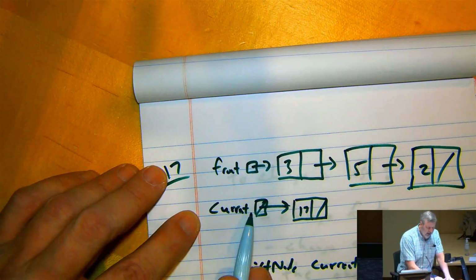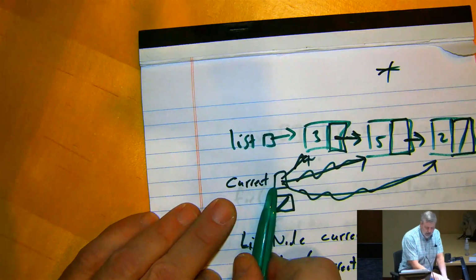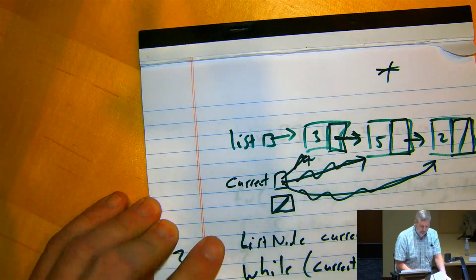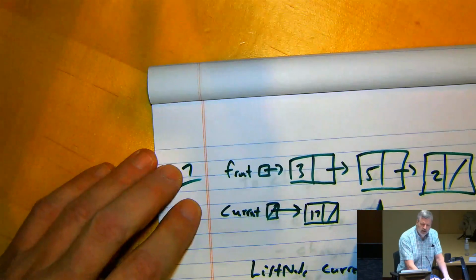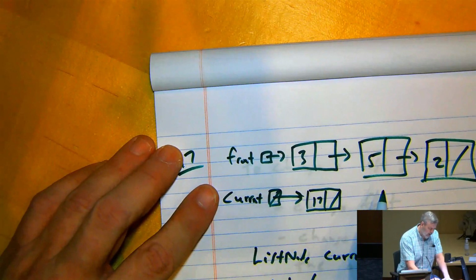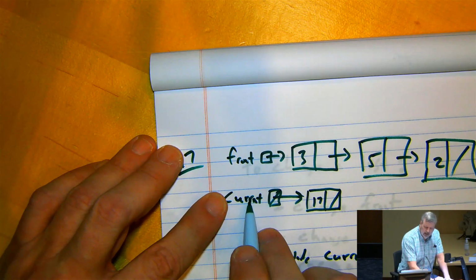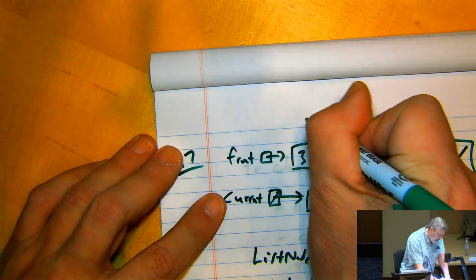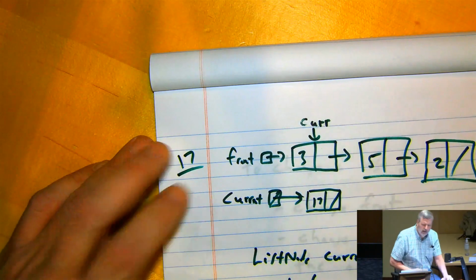One of them is, what I did here and in the picture that I drew is that I had a variable current that was in one spot, and I just drew arrows to point at different things. Well, that's not the way that I tend to visualize it, and I don't think it's the way that most programmers tend to visualize it. Instead of thinking of current as just sitting down here with the different arrows, I tend to think of current as being something that is actually on top of a node.